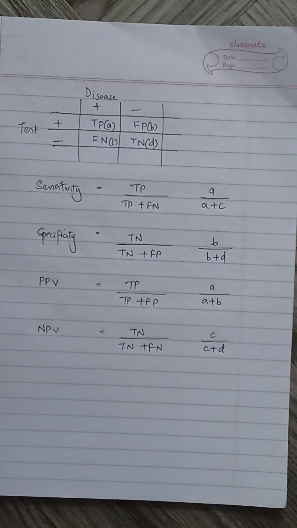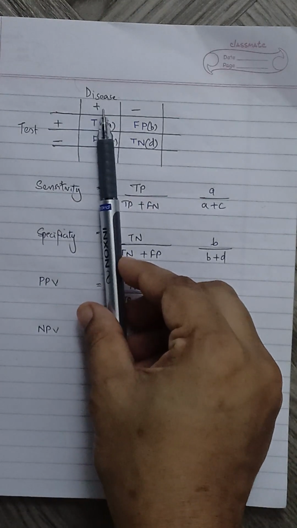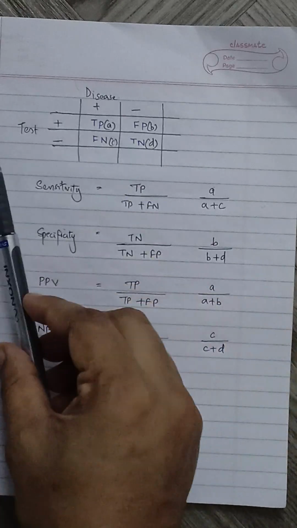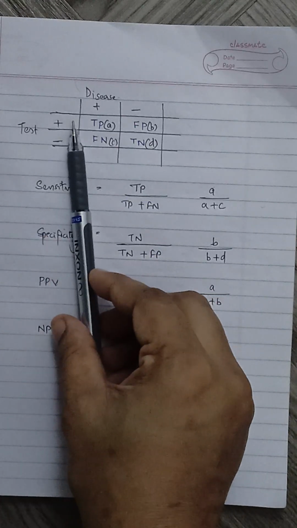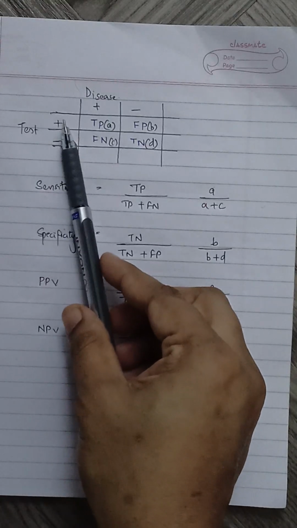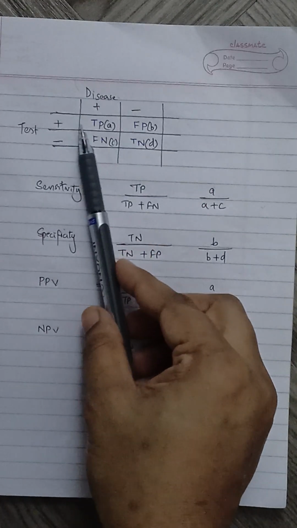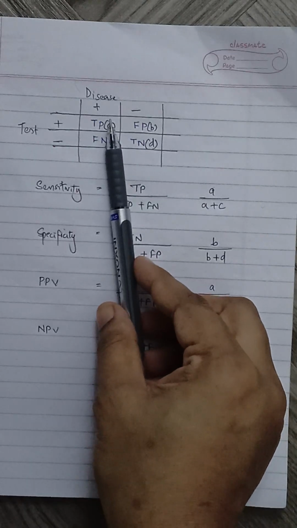Okay, so let's come to the 2 by 2 table that we know. Here we have the disease being positive and negative, and here we have the test result, whether the test turns out to be positive or negative. So if the test comes out positive for the patients who already have the disease, that is called a true positive.